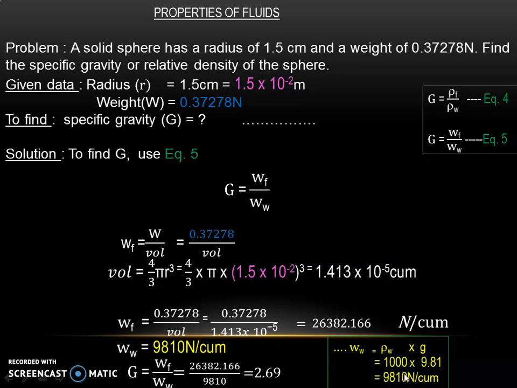So, substitute the value of specific weight here in this equation for G. G is equal to specific weight of fluid divided by specific weight of water. So, specific weight of fluid we already found out, right? That is 26382.166 divided by 9810, which will give us the value of G as 2.69.